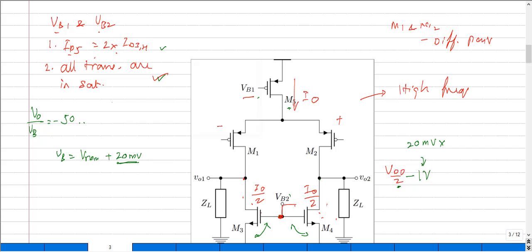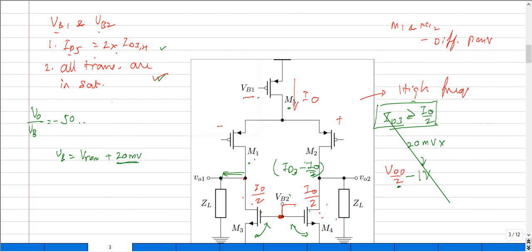But since the VGS has now increased, the current ID3 would be greater than I0 by 2. This mismatch between ID3 and the nominal current I0 by 2 would generally flow out of this path.